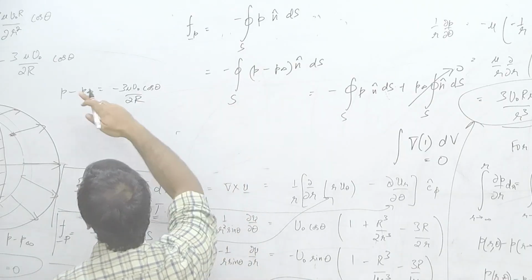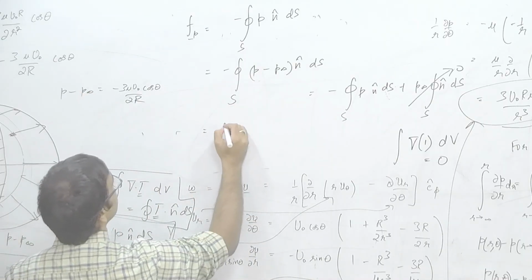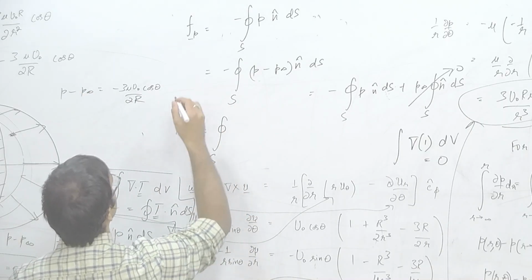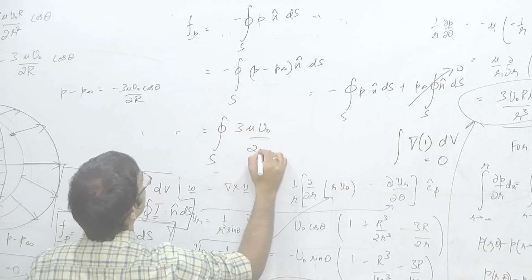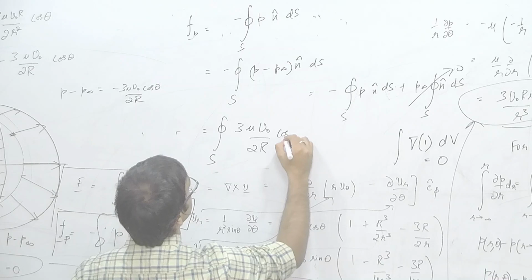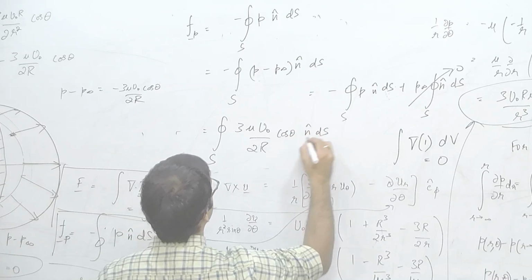And p minus p infinity is something that we know. So the equation becomes, the force due to pressure becomes 3 mu u naught over 2 r cos theta n hat ds.